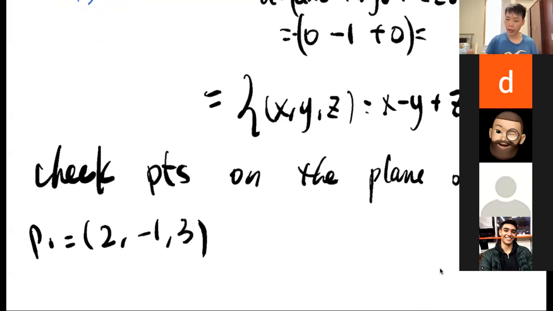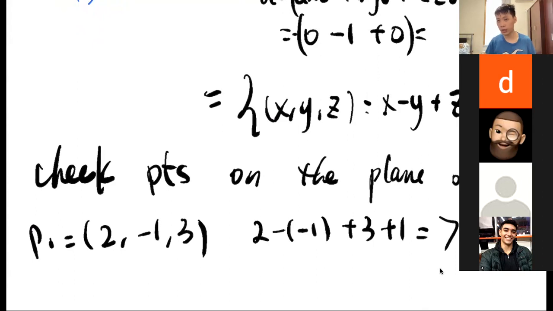Let's check. When you put the point x, y, and z into the left-hand side, what it becomes is 2 minus (-1) plus 3 plus 1, which is 2 plus 1 plus 3 plus 1, and you get 7. On the left-hand side, you get 7. On the right-hand side, you get 0. So you can see that it is not on the plane.